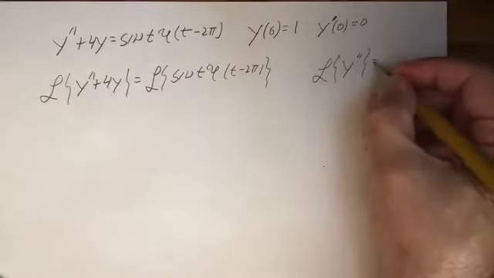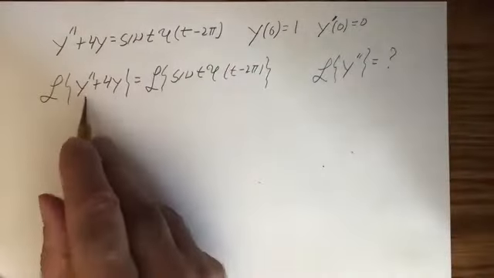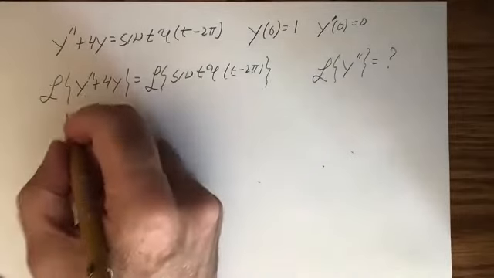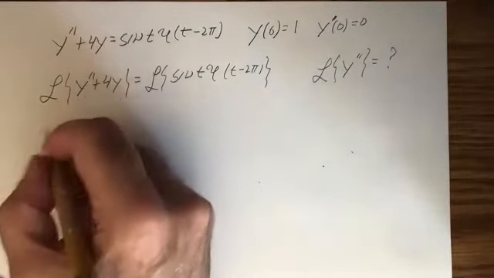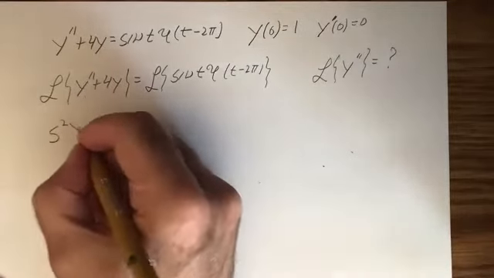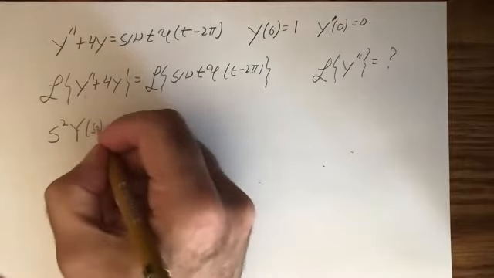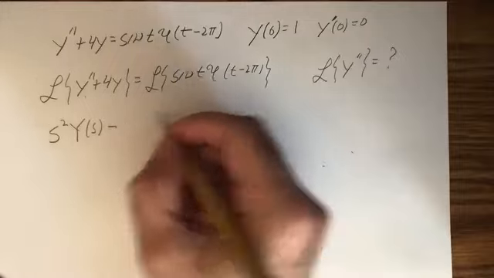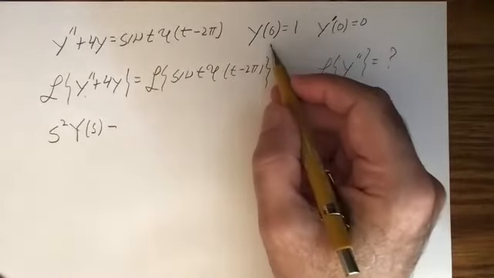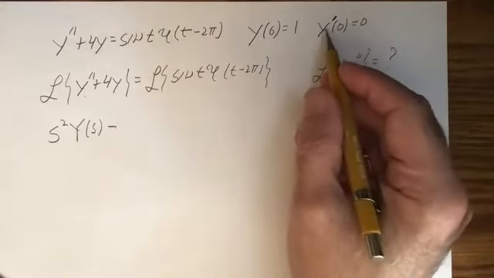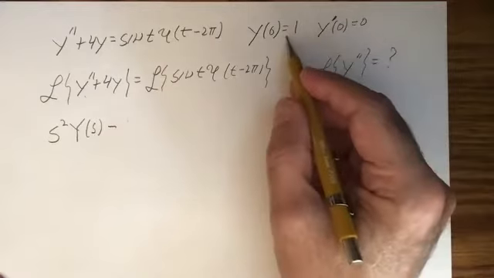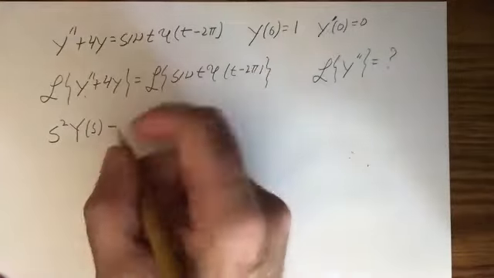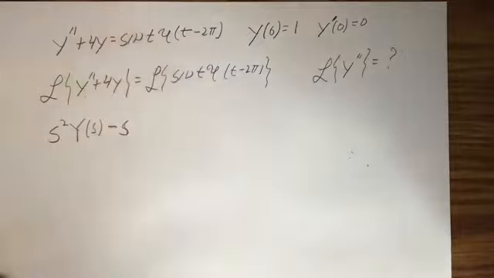What's the Laplace transform of that? Well, that's going to be s squared, big Y of s, and then minus, this is 0, this is 1. So it's going to be minus s.